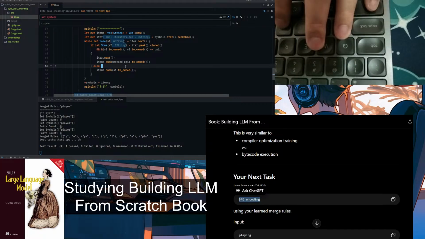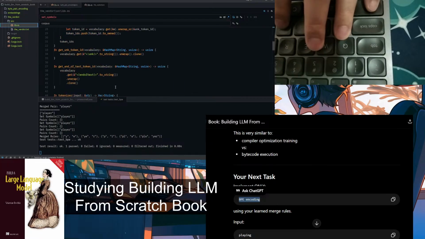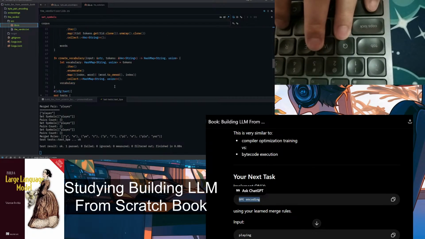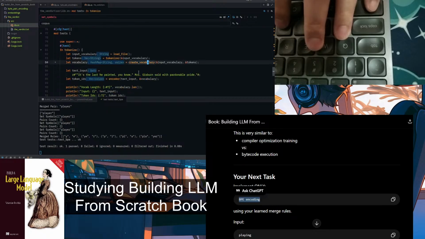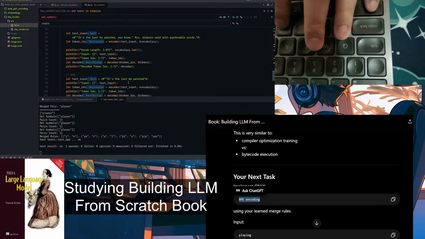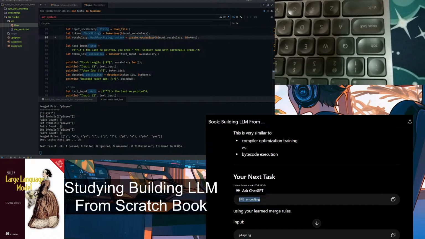Okay, so in the first topic, what I just did was split this into white spaces, and that's my vocabulary, the words inside of this.